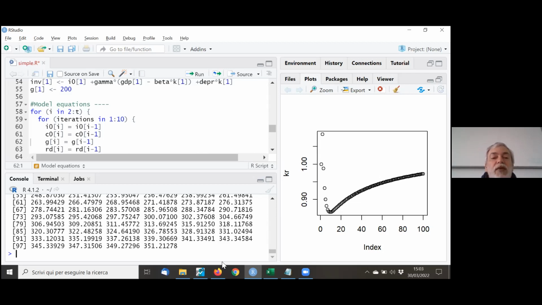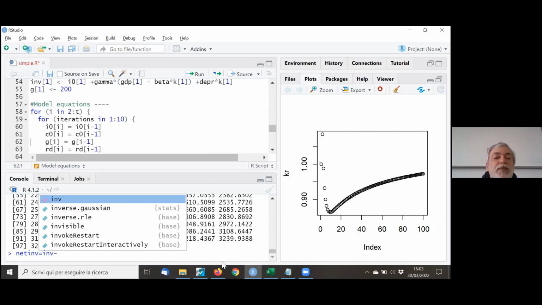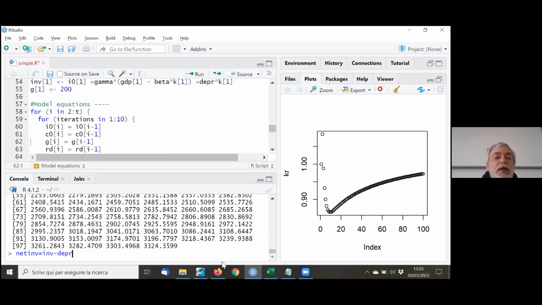We should look at investment and the depreciation, or look at K. Let's have net investment equal to investment less DPR times K, even though this is not exactly correct.